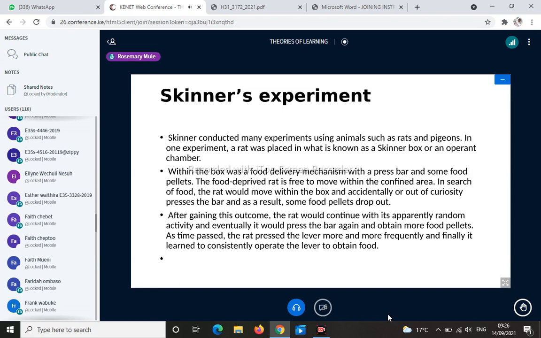So remember we said operant conditioning, the behavior of the organism is quite instrumental and it is a deliberate undertaking. So we are saying it finally learned to consistently operate, that is, press the bar, and every time it is hungry, it learned that once you press the bar, the food will come.